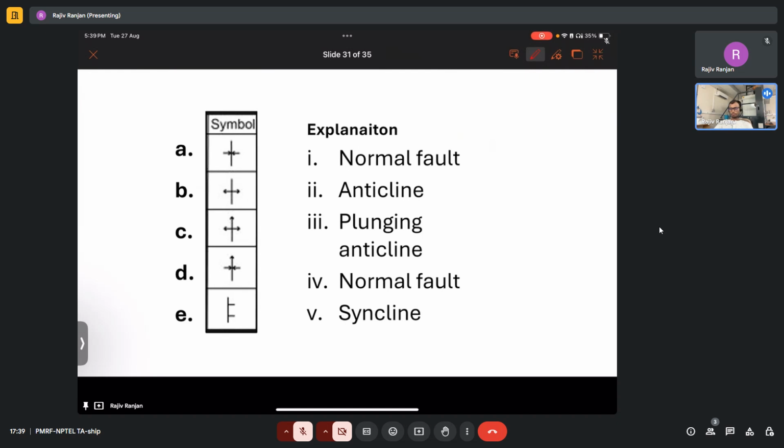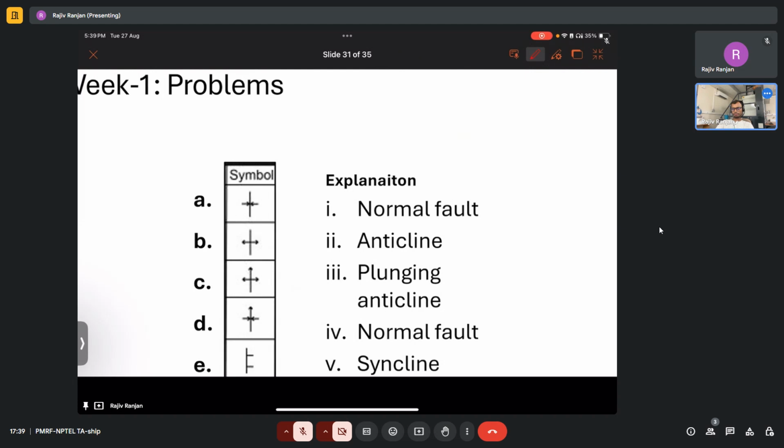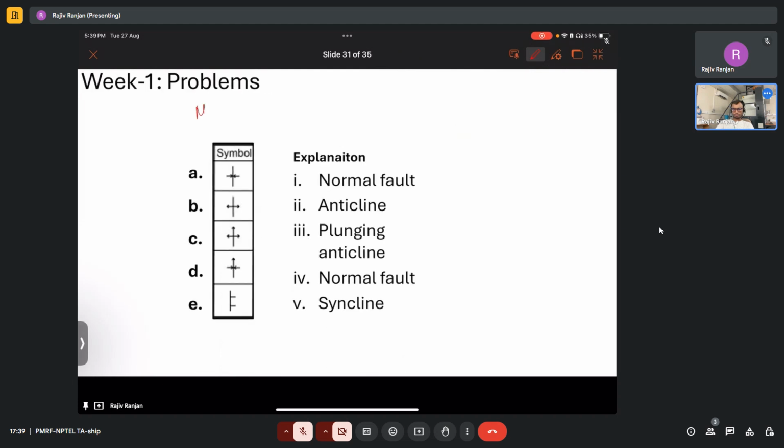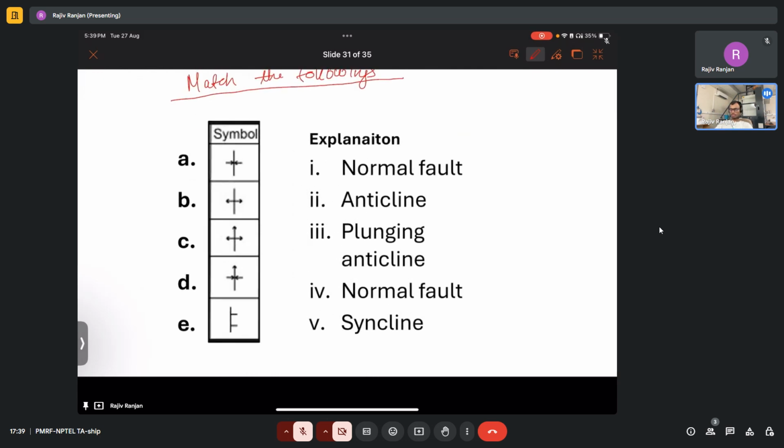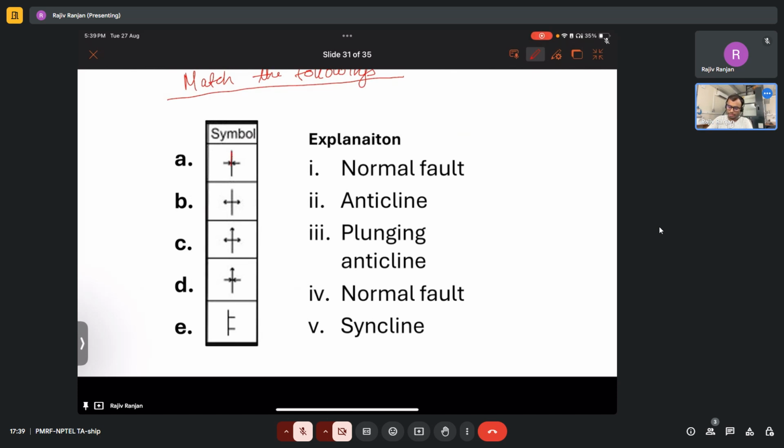So this is the symbol. Try to understand this again. These symbols are very important. So if you see here, this is strike.